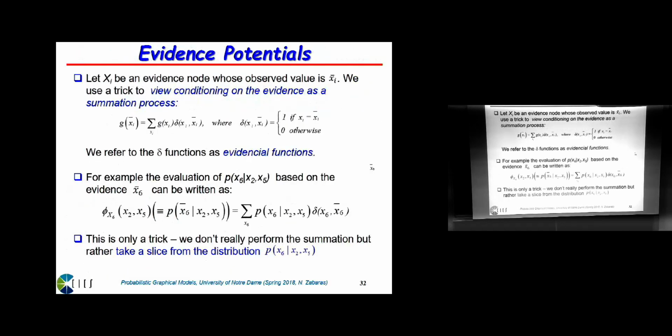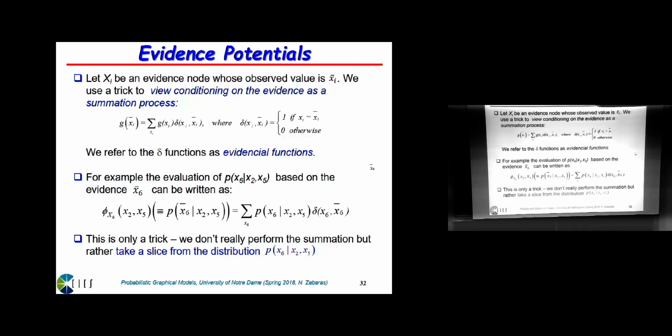The other way that you can account for evidence is using delta functions. Okay? So the idea is sort of trivial. I don't think you ever program it this way. But let's say that at some node, you're given the value. So what you do is you assign to that node a potential that you call an evidence potential.